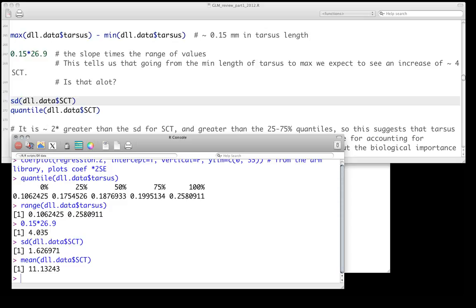And if you think about that, if that's the range of our observations, an increase of 3 or 4 sex-comb teeth in terms of Tarsus is pretty substantial. So that gives us some indication of the influence of it. It does seem to have an effect. We know from the previous plot it's not accounting for a lot of the variation, but between what we've seen from the confidence intervals and the plots, it says there's probably something there.